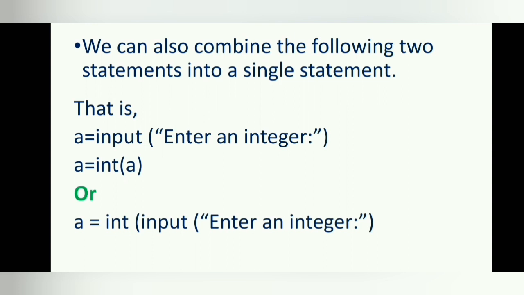In the first case, we have used two separate statements, one for input and the other for typecasting. In the second case, we have combined both of these statements into a single statement for input and typecasting. Both are correct forms. Both of them will give the same result. It is up to you which form you prefer.